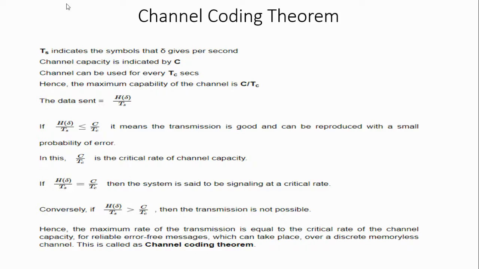Thus, C by Tc is the critical rate of channel capacity. If H of delta divided by Ts is equal to C by Tc, the system is said to be signaling at the critical rate. Conversely, if H of delta divided by Ts is greater than C by Tc, then the transmission is not possible.